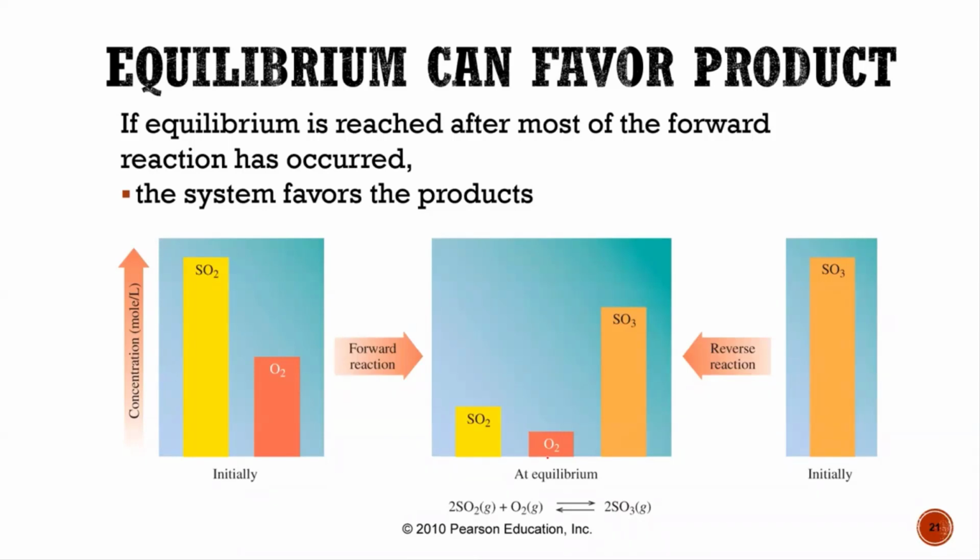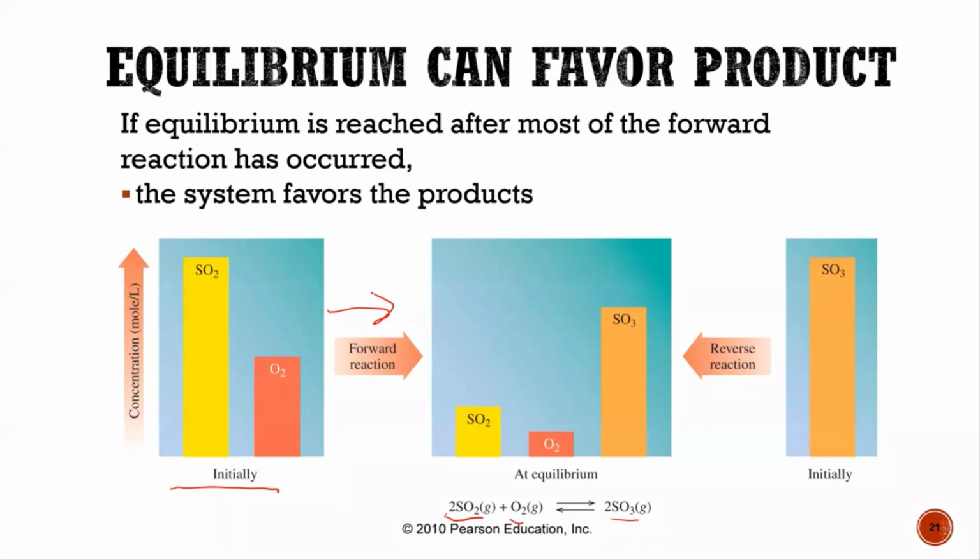If we look at equilibrium of that reaction that we have right here of sulfur dioxide and oxygen combining to sulfur trioxide, if we initially have just reactants, we're going to get the forward reaction. And eventually, we'll get a certain amount of sulfur trioxide.